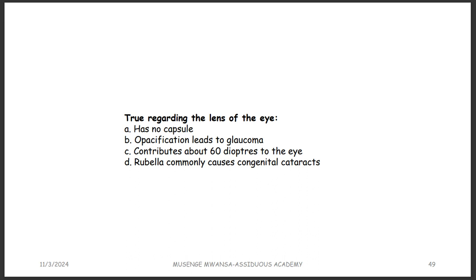To opacify is basically to become cloudy. That really doesn't lead to glaucoma, does it? We know that glaucoma can be caused by either the closure of the angle or by simply having some mesh on the drainage site.